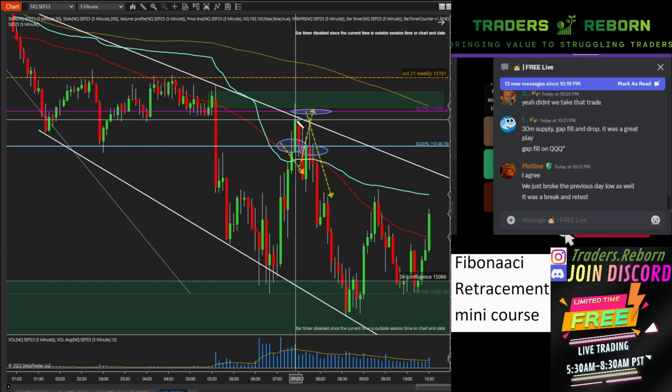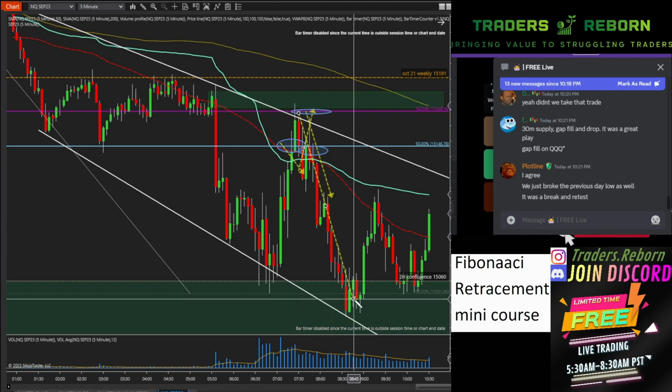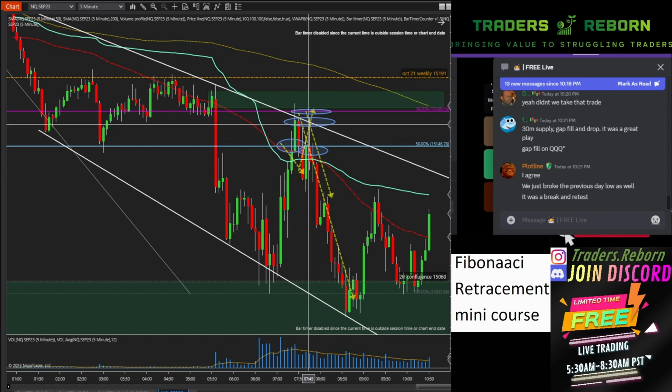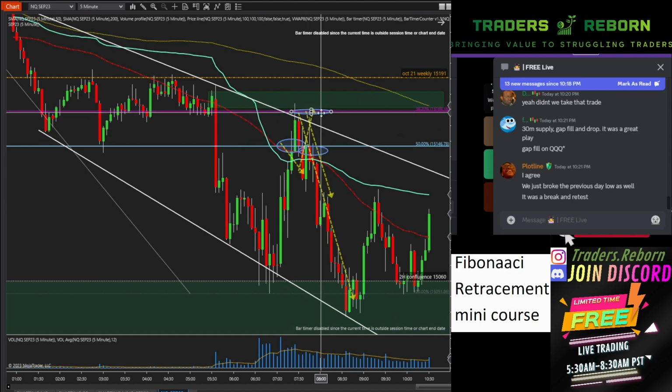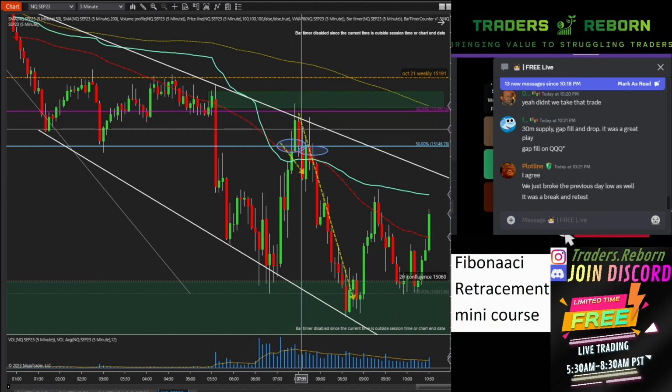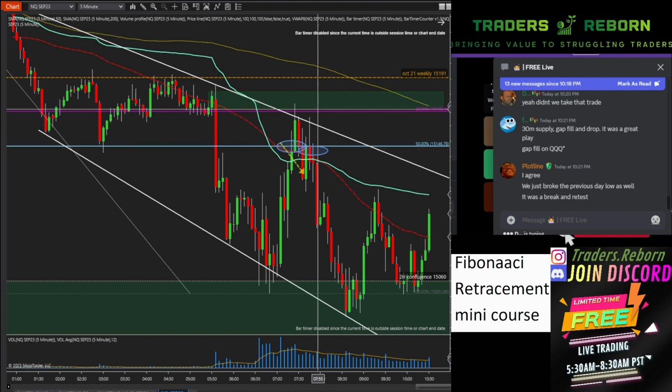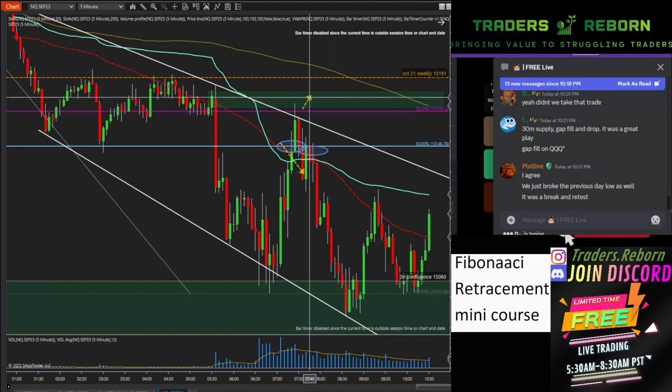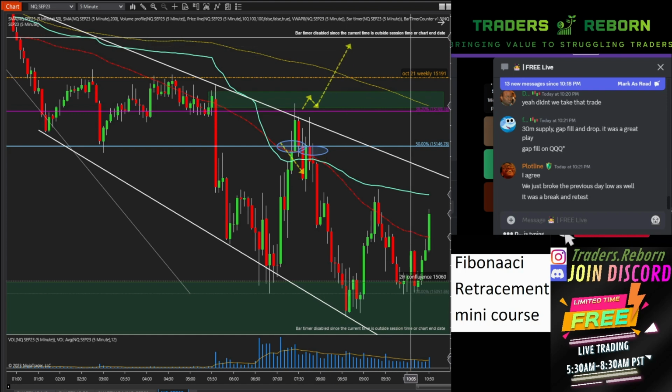And you see, in this case, it closed below. I would enter, starting somewhere right here. So that's what I mean by close below 38%. I always look for that. Now, if it closes above 38%, I'm looking for it to do this.